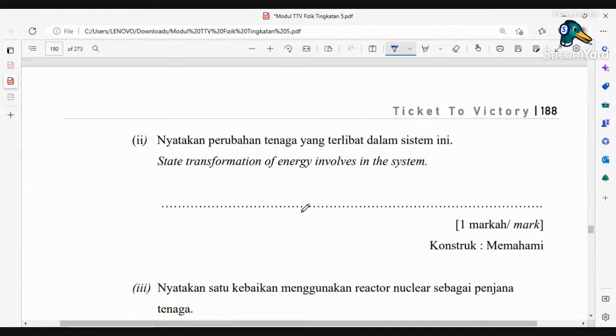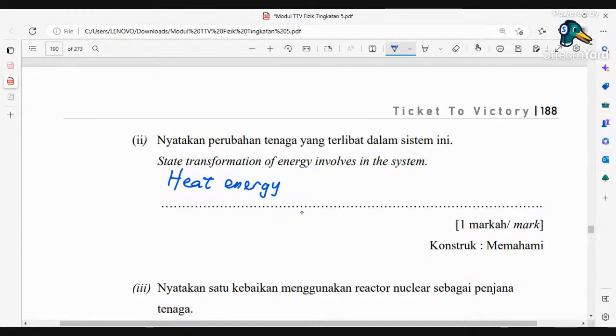State the transformation of energy involved in the system. For the nuclear reactor, what is the energy change? We have heat energy produced by the process, which will heat up water and change it to steam, and then it will turn the turbine.